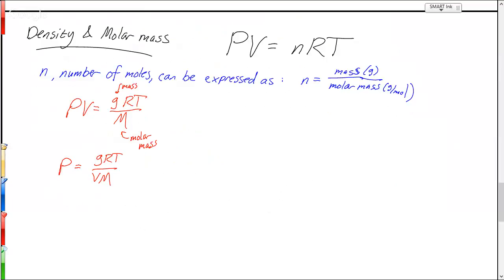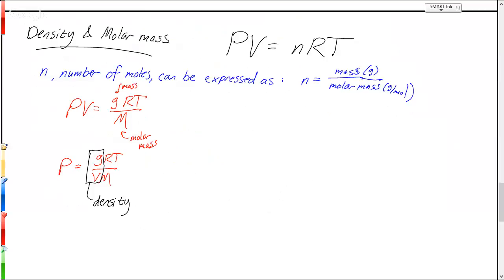So what's the point of that? Well, what's mass divided by volume? Density, right? So now we've got the ideal gas law in terms of density and molar mass.